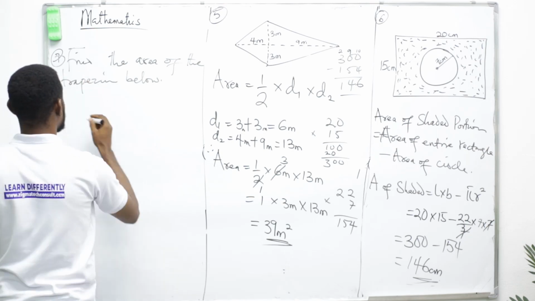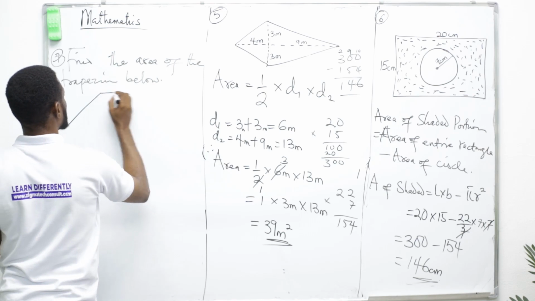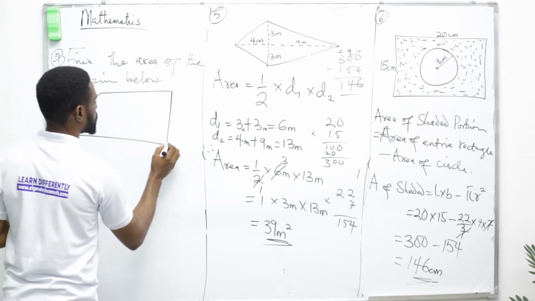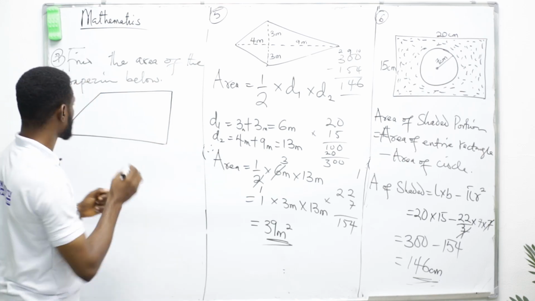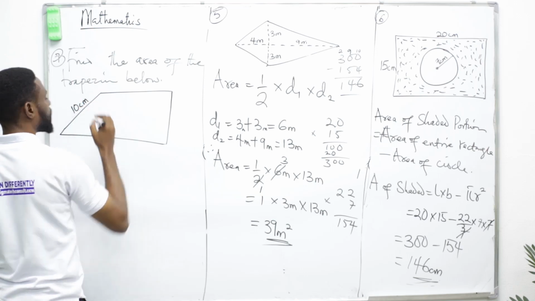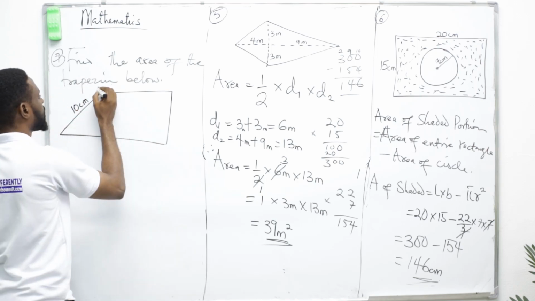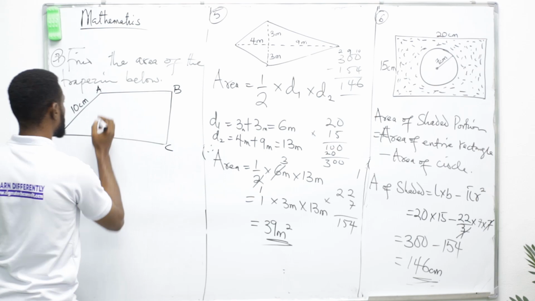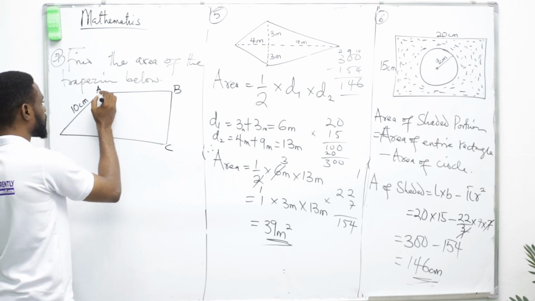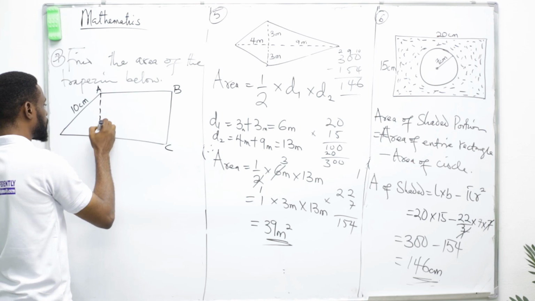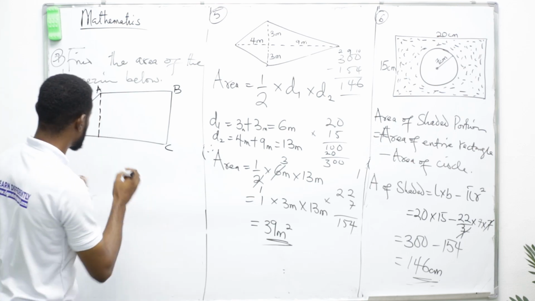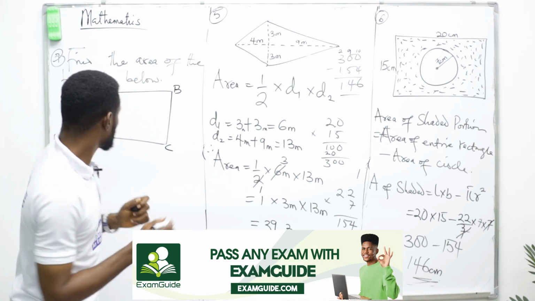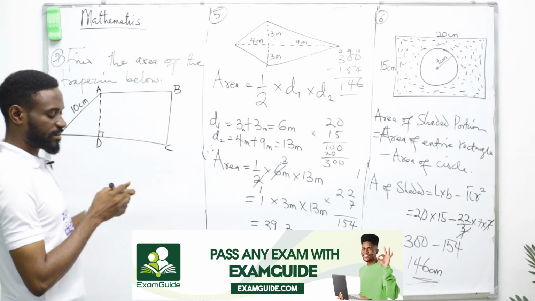The trapezium is ten cm, A, B, C. Then we have something here as D, and we have E. Okay? So here is a right angle triangle.